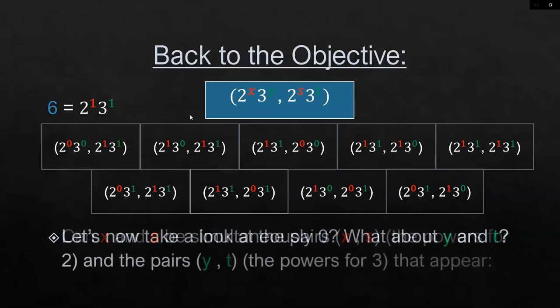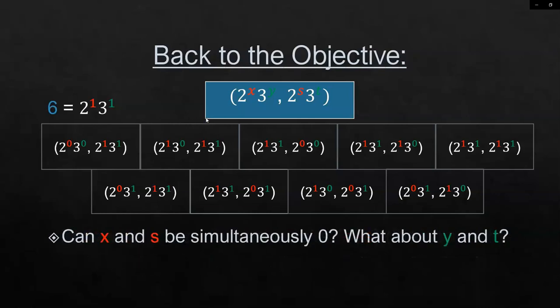There is no pair where you have 0 and 0, because if that were the case, then you would have 2 to the 0 times 3 to some power, and 2 to the 0 times 3 to some other power. But this is actually 3 to some power, 3 to some power.